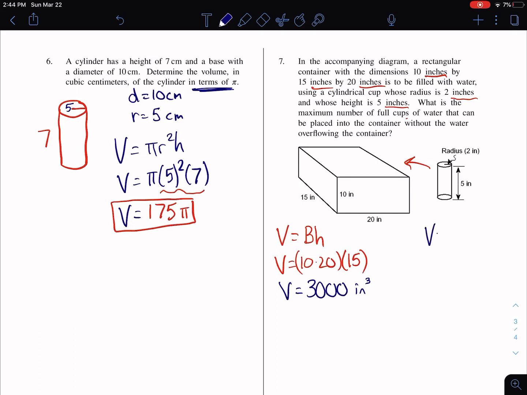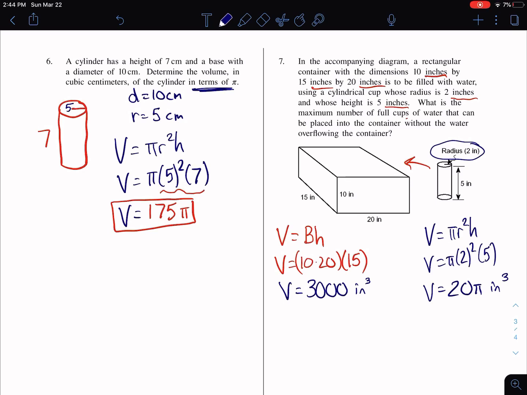So volume of a cylinder is pi r squared h. Now we're lucky here, they did only give us the radius. So volume is pi, we have 2 squared and 5. We're going to plug this in. Now, for this purpose, I'm actually going to leave this in terms of pi. So I'm going to get 20 pi, still in units of cubic inches.